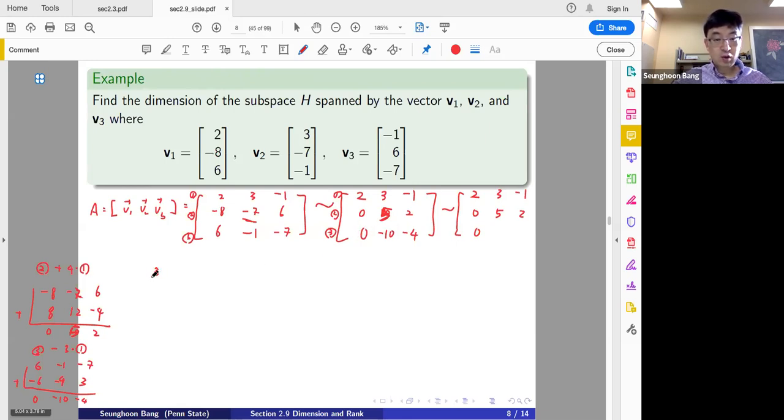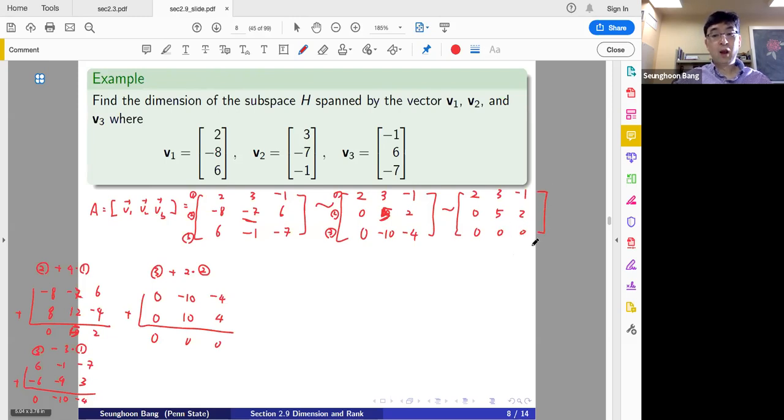Third row plus 2 times second row. The third row is 0, negative 10, minus 4. The 2 times second row is 0, 10, 4. You add it and get 0, 0, 0.